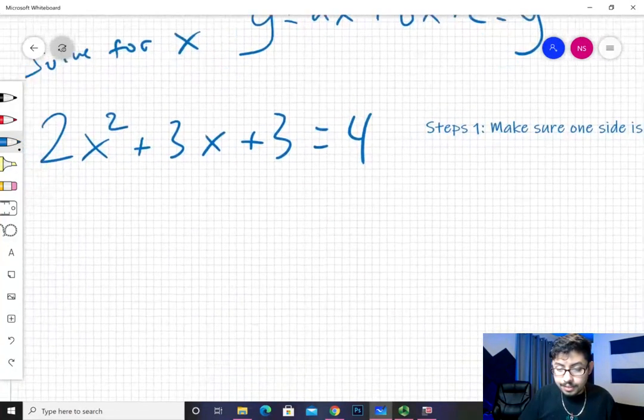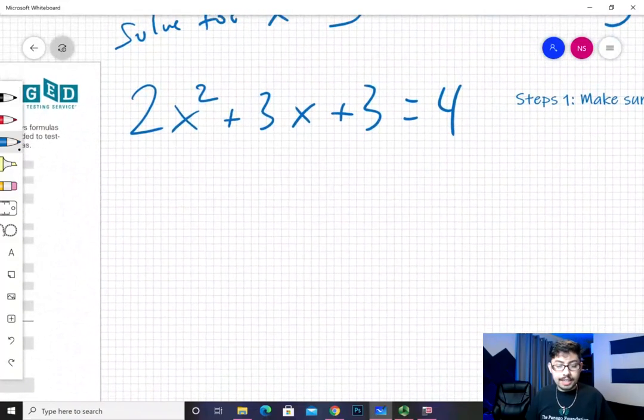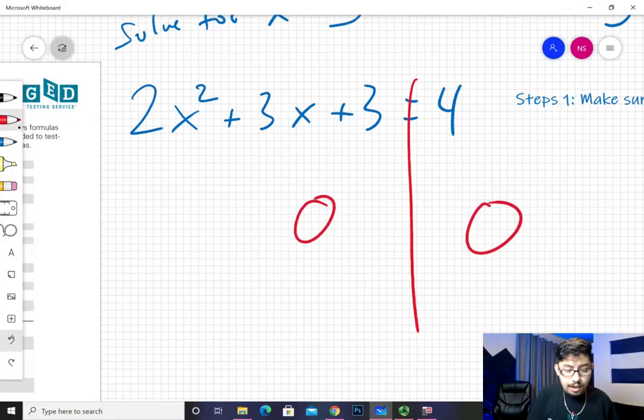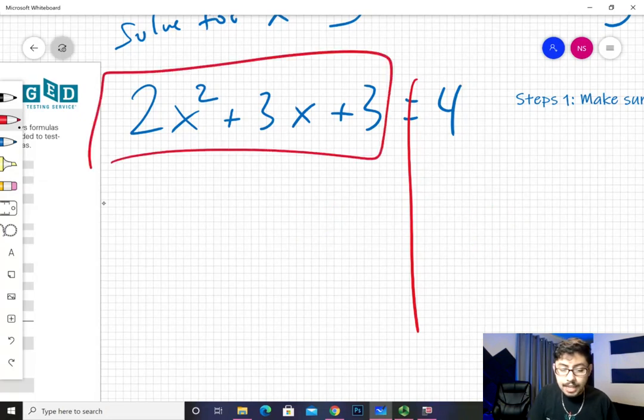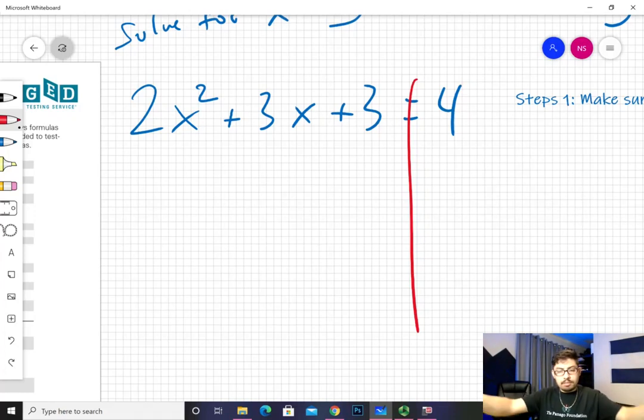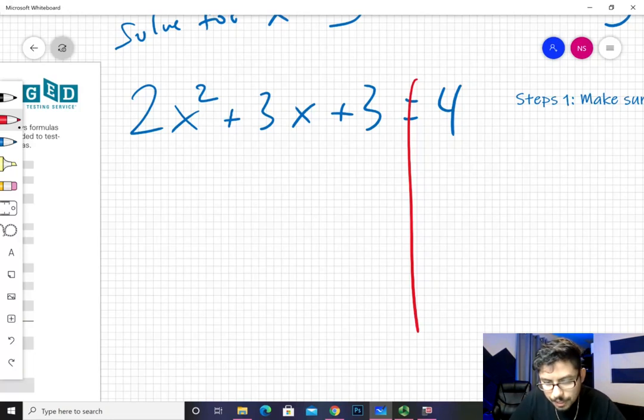So does this equation look like that? Is one side of our equal sign equal to 0? Is there a 0 here, or is there a 0 there? No, I see stuff on this side and I see stuff on this side. So let's make one side equal to 0, because that's what step number 1 is. They want us to make one side equal to 0.